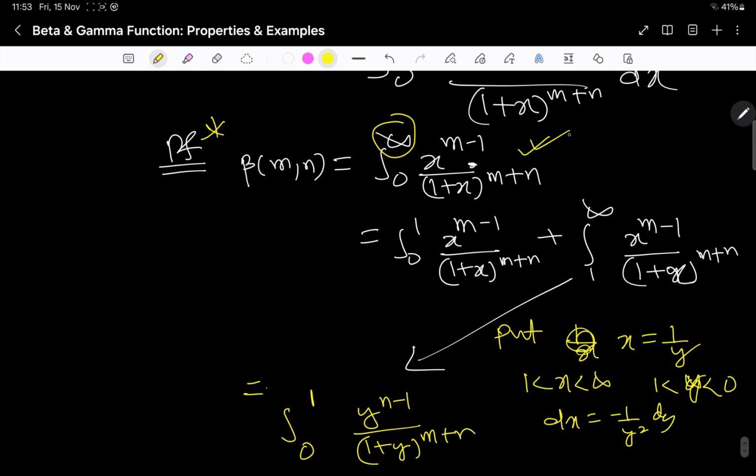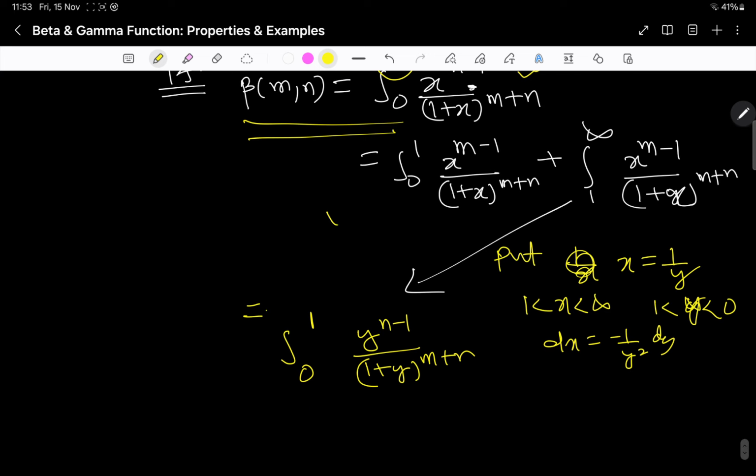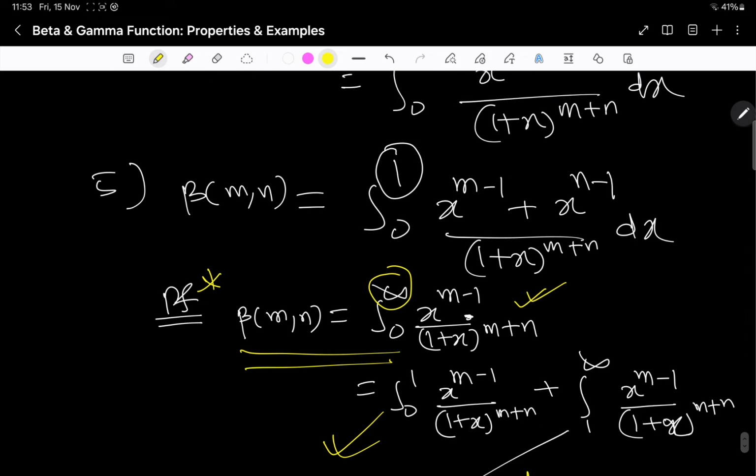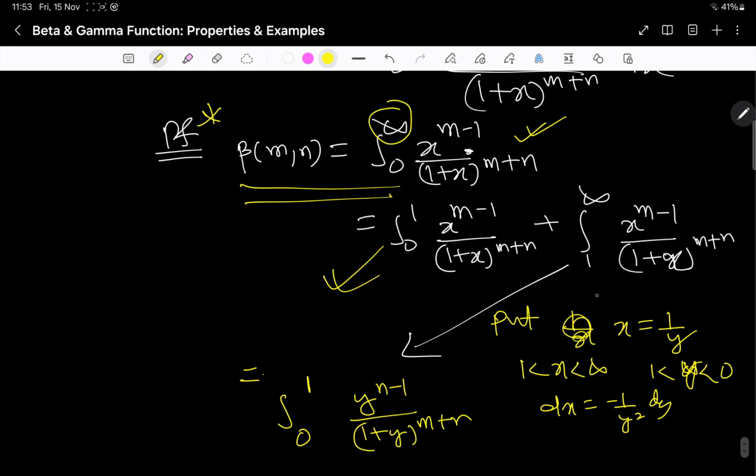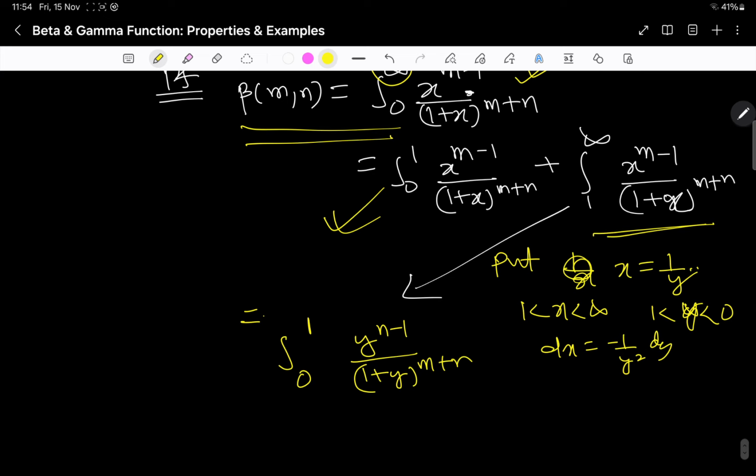In the previous property, beta mn is integral 0 to infinity x to the power m minus 1 and so on. Now I split 0 to infinity into 0 to 1 plus 1 to infinity. The first part is this property here. Now I work on this property, 1 to infinity, and after substituting you will get it.